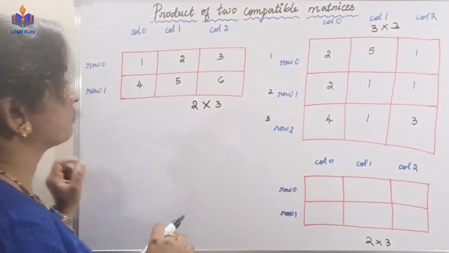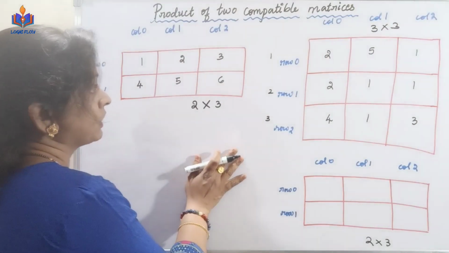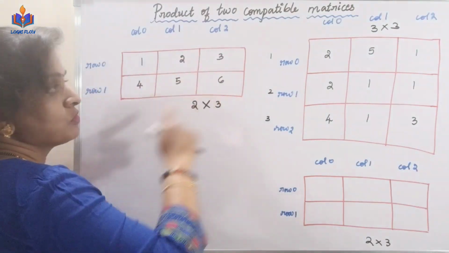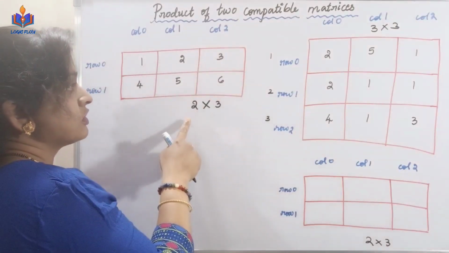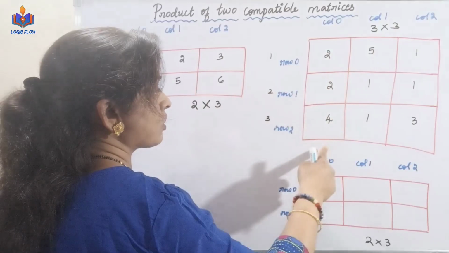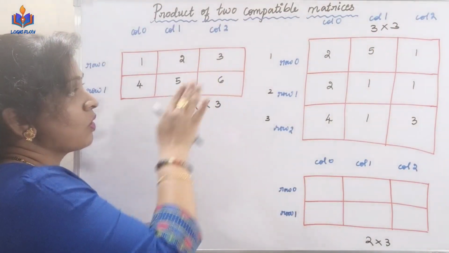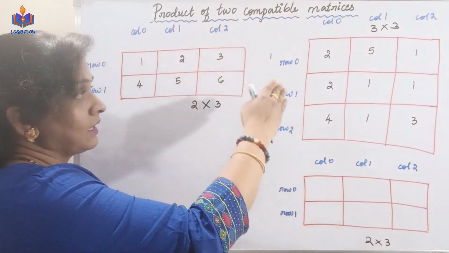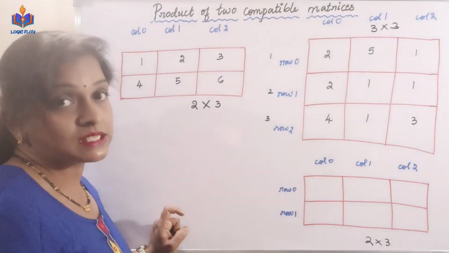In matrix multiplication, the first row of the first matrix has to be multiplied with the first column of the second matrix. The first row of the first matrix gets multiplied with the first column of the second matrix.